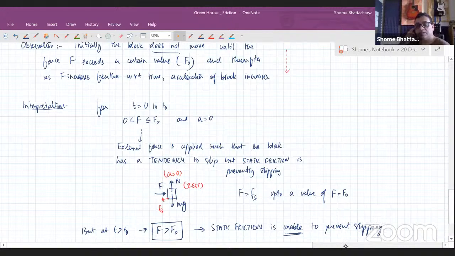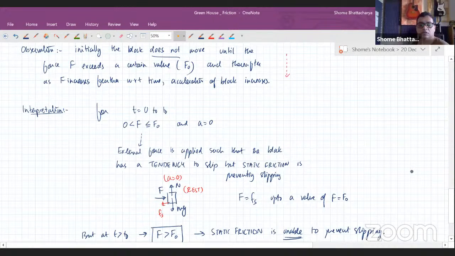So that means there is a certain maximum friction that is available to us. We don't have infinite friction available for any given surface. There's only a certain limit up to which static friction can do its job of preventing slipping. The moment the external force exceeds that, static friction cannot do its job. It gives way and the slipping starts.